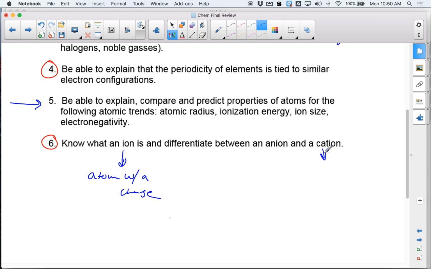A cation has lost electrons, and an anion has gained electrons. Cations are positive, and anions are negative. That is the way to remember it. And also, a T looks like a plus sign. So there's that.